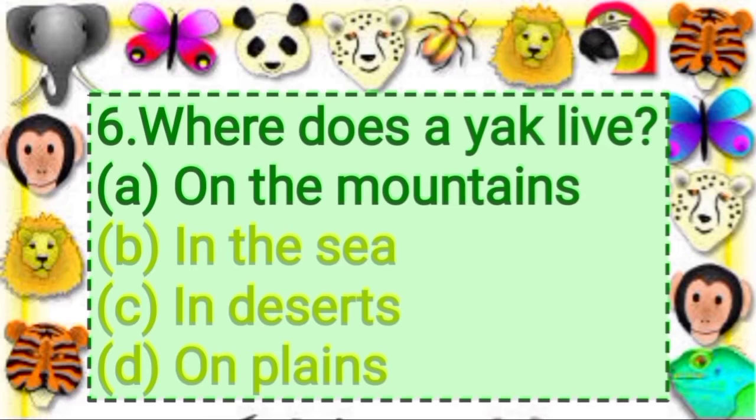Option A, on the mountains. Different terrestrial animals live in different places: the polar bear lives in the polar region, the camel lives in the desert, and the yak lives on the mountains.